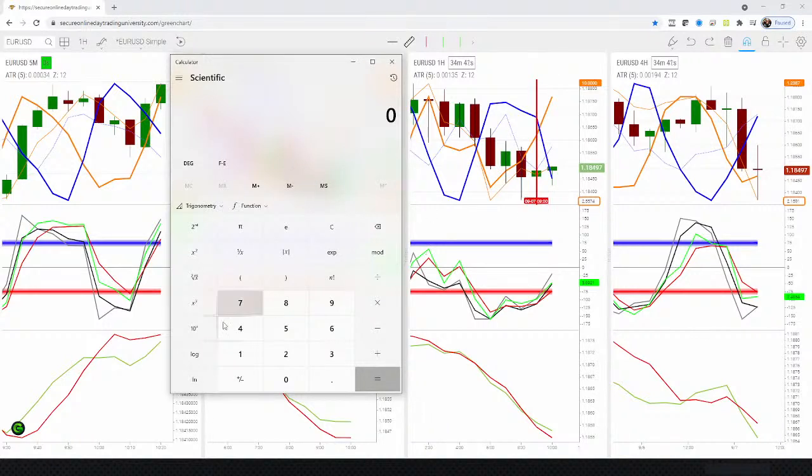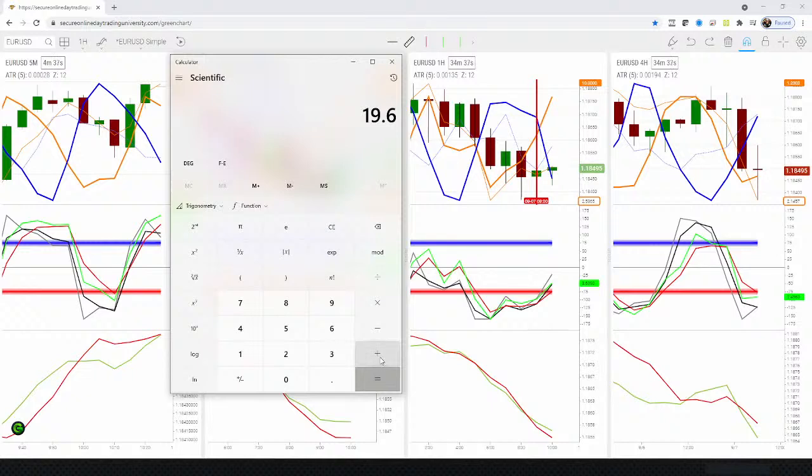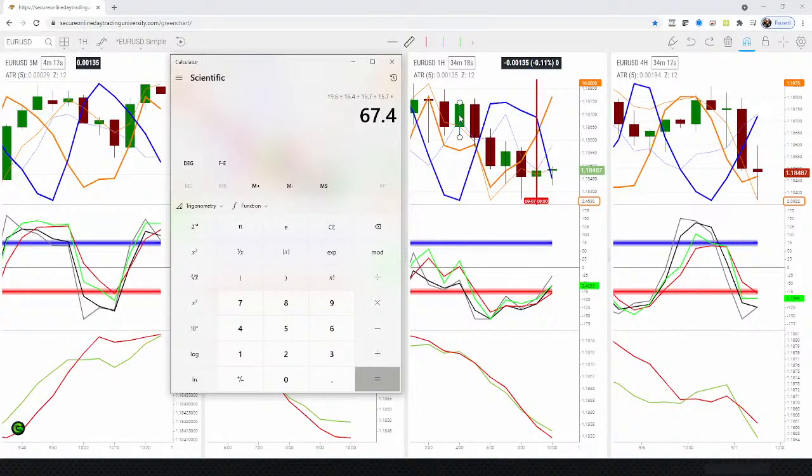So let's take this one, 19.6. 19.6 plus 16.4, 16.4 plus 15.7, 15.7 plus 13.5, divided by 5.